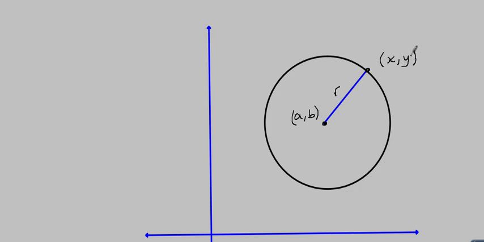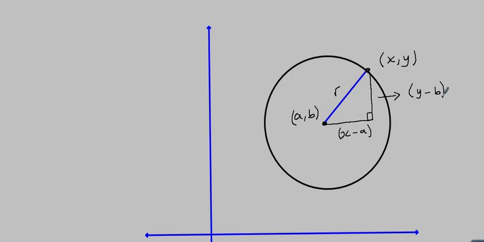Keep in mind that we still don't know what the relationship between x and y is, but what we can do is draw a nice little right angle triangle in this form. We have seen that this distance is x minus a, and that this distance is y minus b.